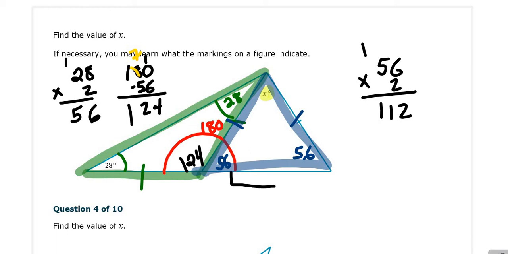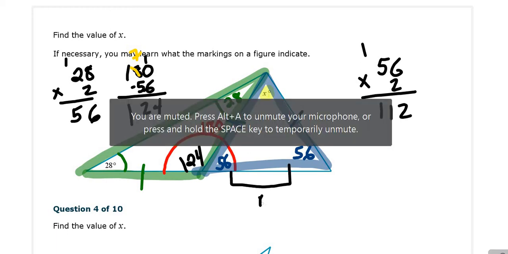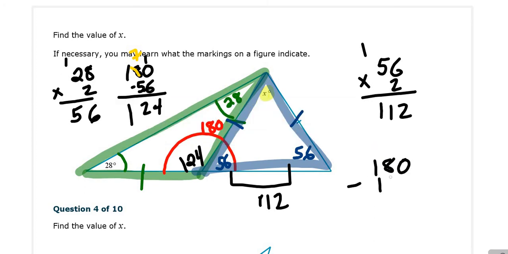Add those two together, and you, of course, get 112. Take it away from 180. And we finally get what you were looking for, which was 68. So the key to find what you're looking for is not to look at what you're looking for and just find everything else.